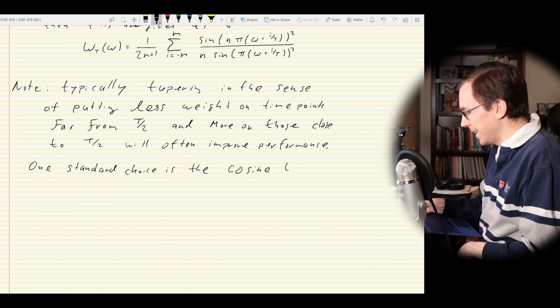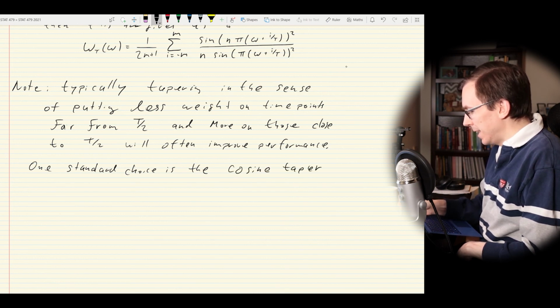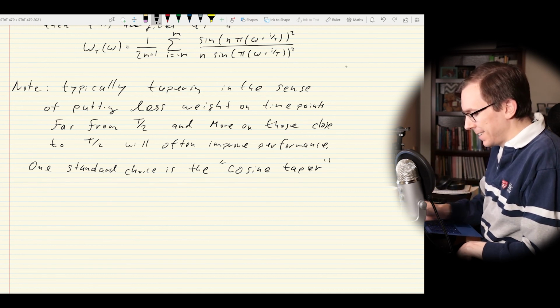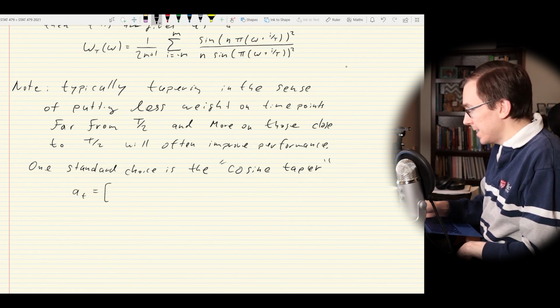The cosine taper. This one is in the time domain. In this case, we take a_t and we simply say that it is equal to 1 plus the cosine of, okay, let's see if I can get all these parentheses correct.